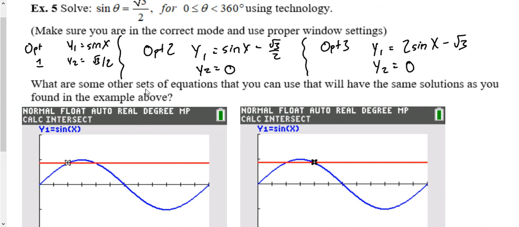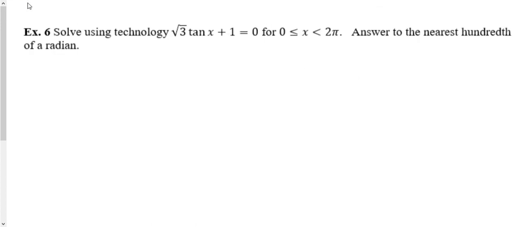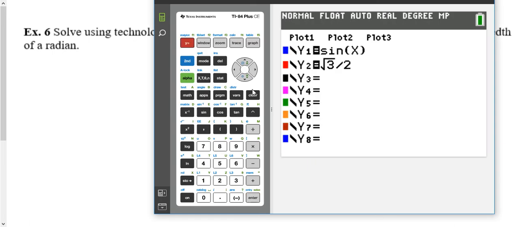What are some sets of equations that you could have used that will have the same solutions as the above example? Well, right here, these are the other equations that it's referring to. In example 6, it says to use technology again to solve root 3 tan x plus 1 equals 0. So of course I'm going to go y1, y2.